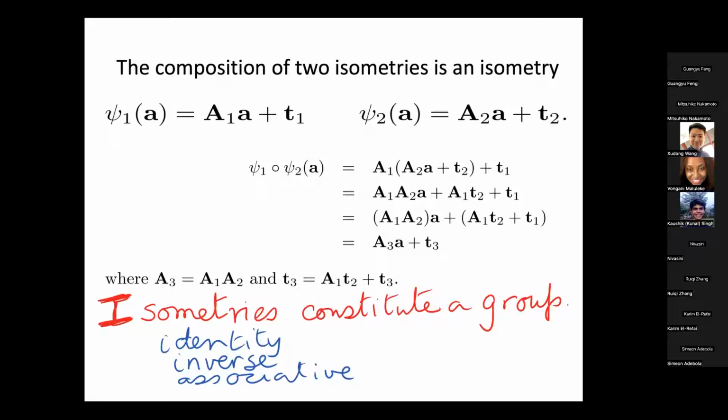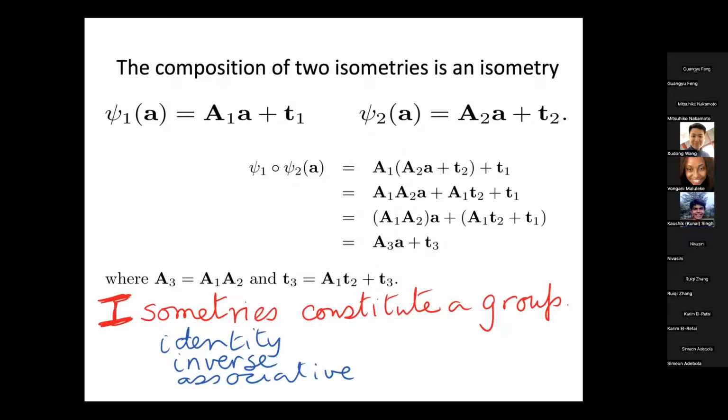Every isometry has an inverse, meaning that there is an A and a T, and then it does something, and there is the inverse of that, meaning that if you compose them, so you have an isometry A, and then there is some isometry B such that B composed with A is the identity. So you can think about this, right? If there's a rotation, then you just do the opposite.